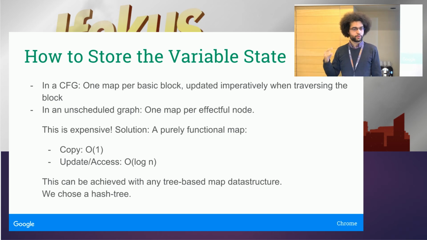And if you use a purely functional data structure, we use a hash tree, then copying is free because everything is immutable. And updates do path copying on the tree, and the tree is of logarithmic depth, so that's also not too expensive. So this way we got back most of the benefits concerning memory and execution time we had before with the manual copying, but it removes a lot of headache.